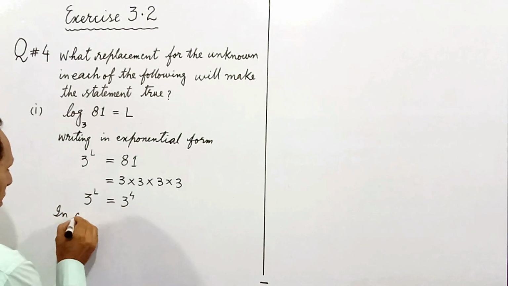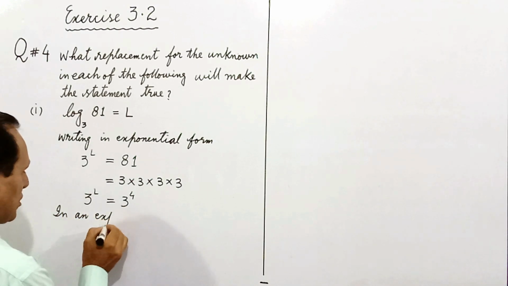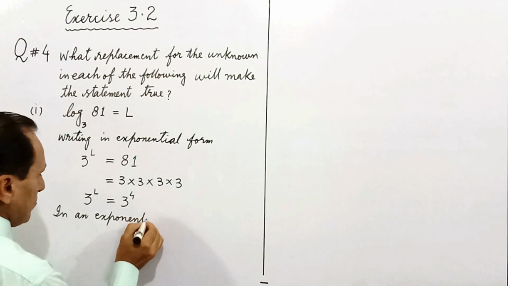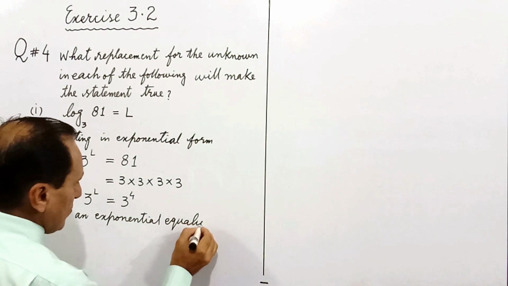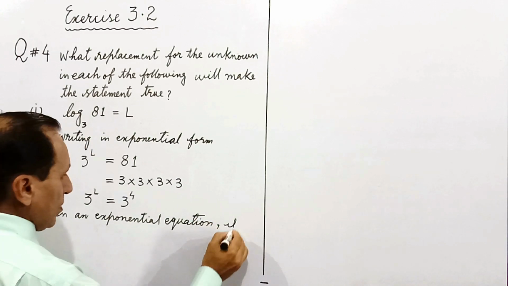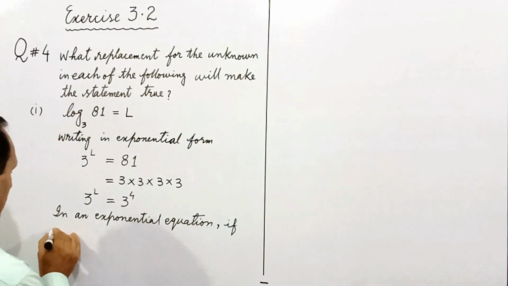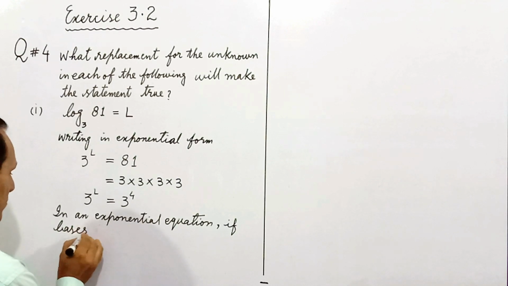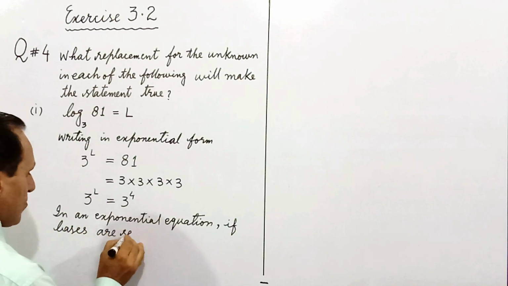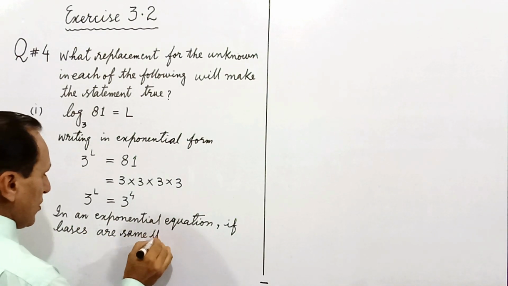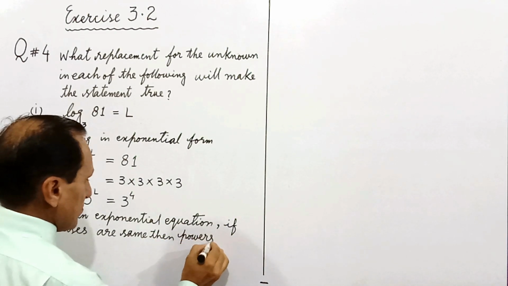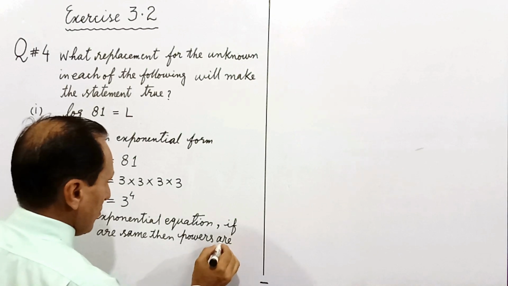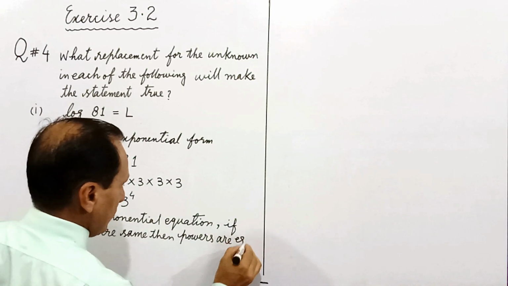In an exponential equation, if bases are same, then powers are equal.